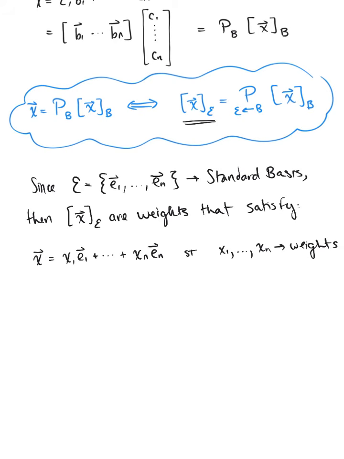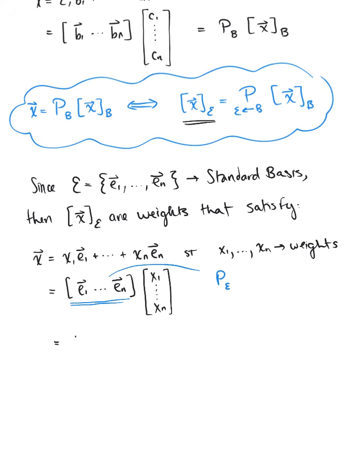And again, we know that we can convert this vector equation to a matrix equation. So we have the matrix whose column vectors are defined by the elementary vectors multiplied by a column vector of weights. Now, of course, we could say that this matrix here, whose column vectors are the elementary vectors, is the change of coordinates matrix relative to basis E, but we actually know this better simply as the identity matrix.